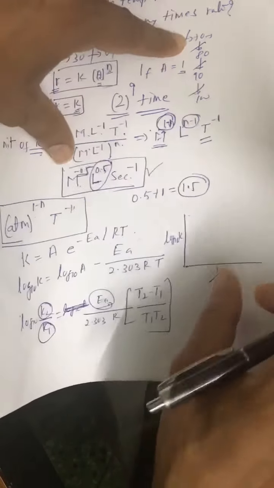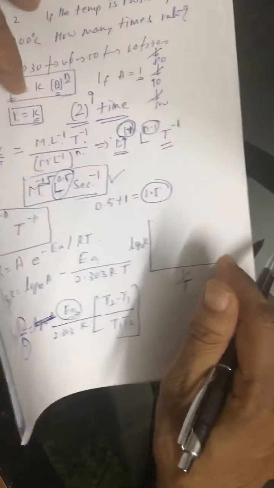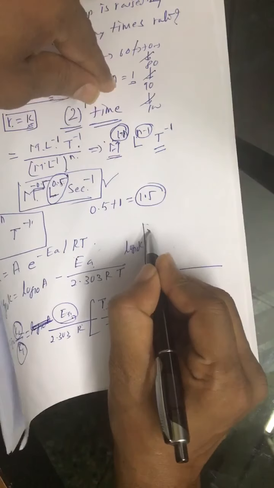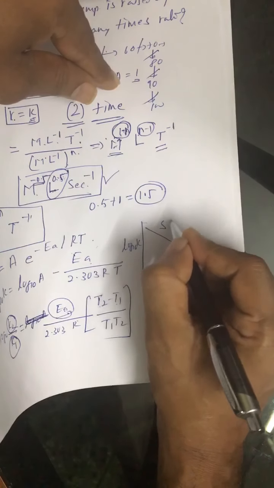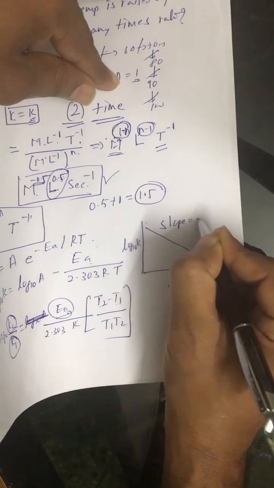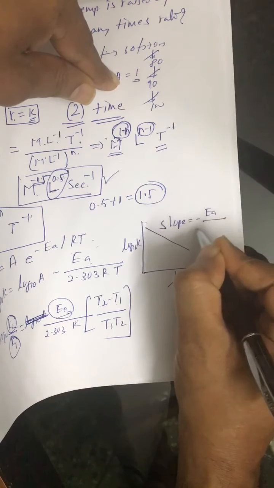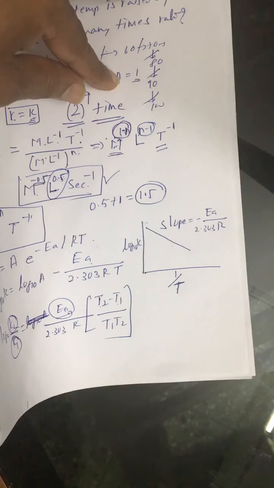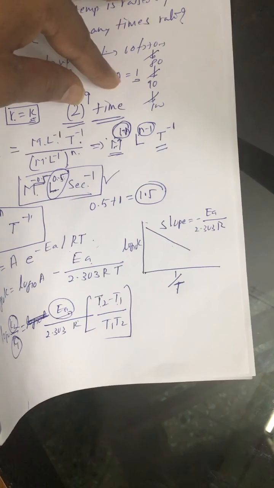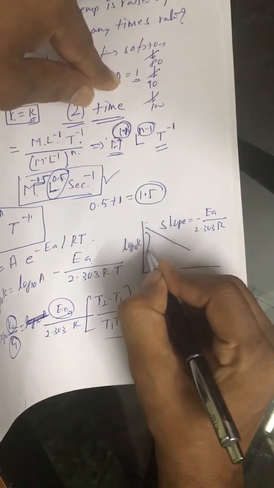Since the relation is minus EA by, the slope is negative, and the value of slope is minus EA upon 2.303 R. If it is natural log, then you will get minus EA upon R. If it is log base 10, it is like this. And this is the intercept.